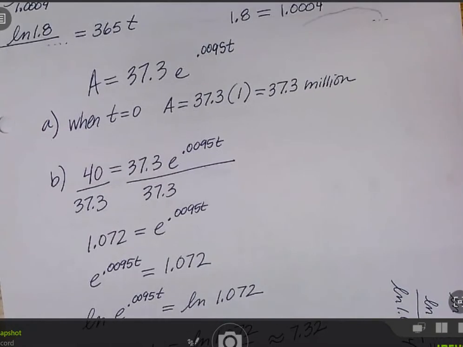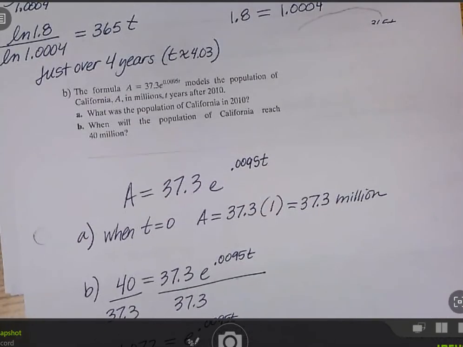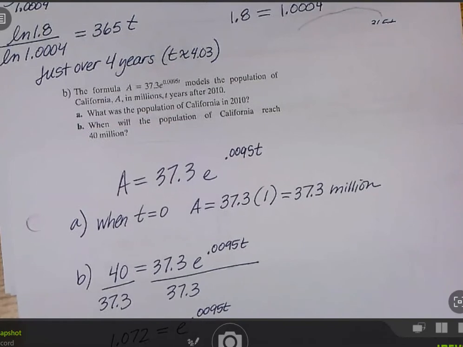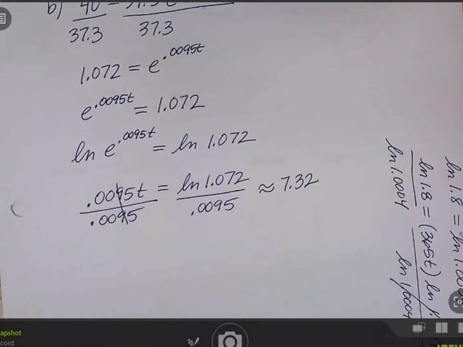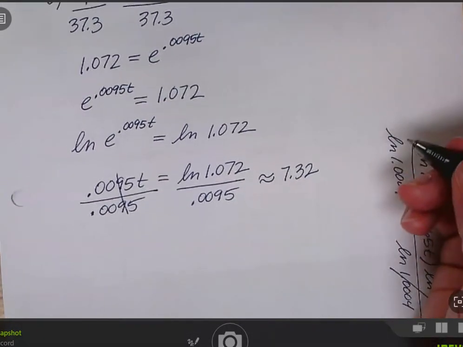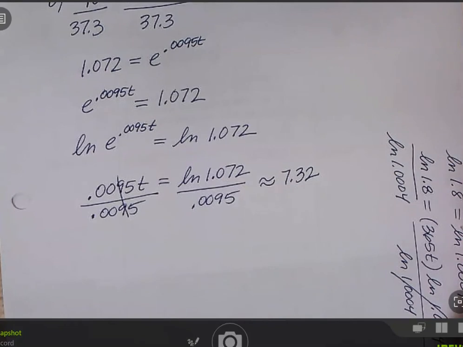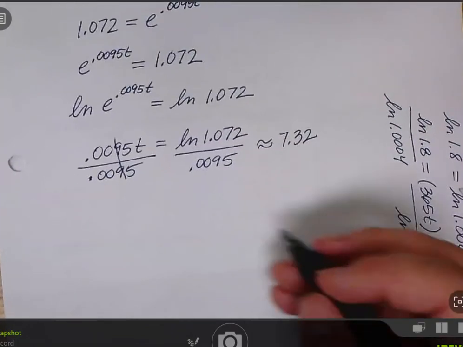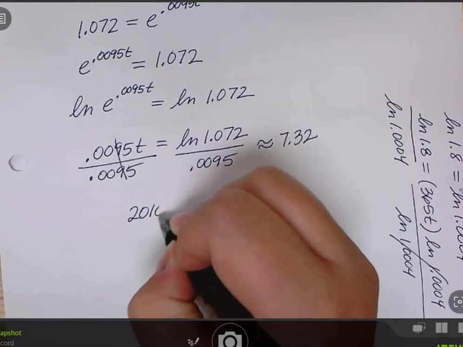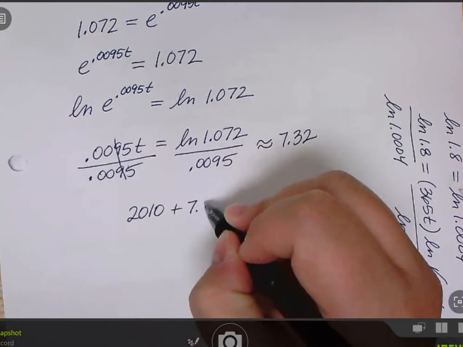And this is when will the population of California reach 40 million? Okay, so t means how many years after 2010. So we're talking about 2010 plus 7.32 years.